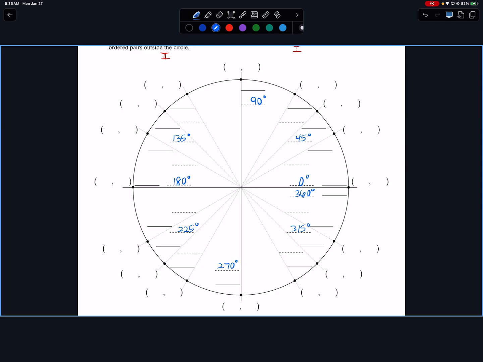Okay, so what I'm going to do is I want you guys to, and hopefully your table friends have highlighters, we're going to highlight each of the special angles. All of the middle angles, so all the ones that are 45, we're going to highlight with one color.